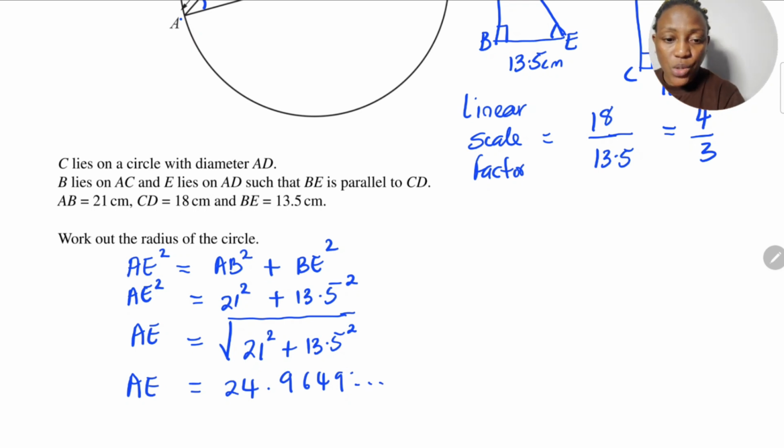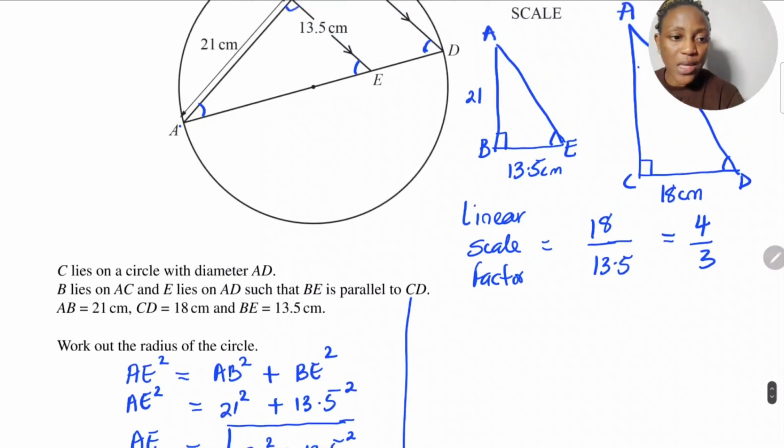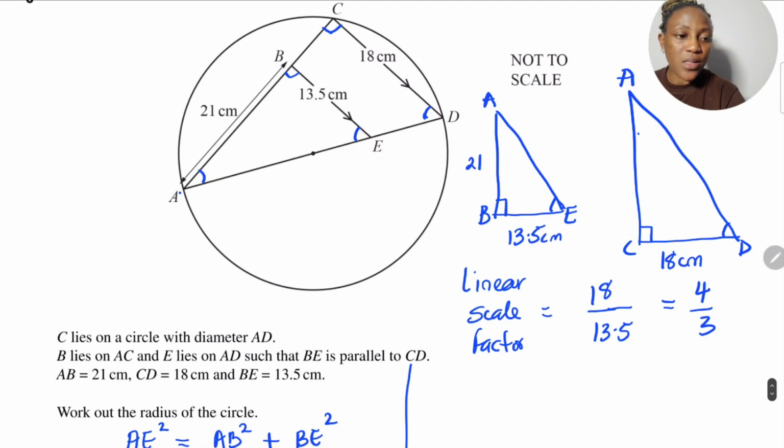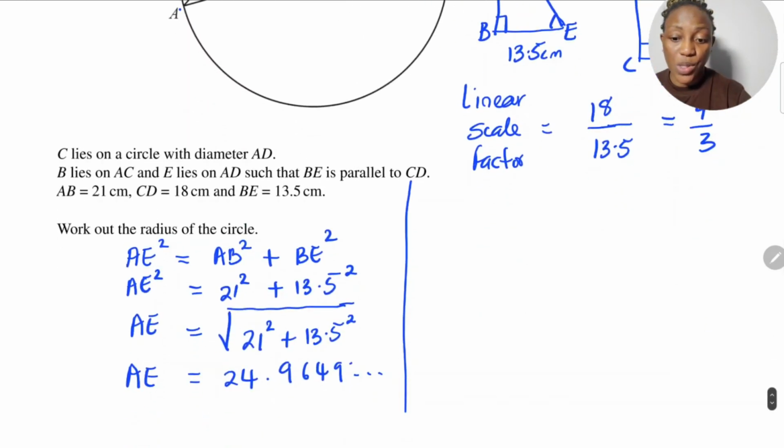All right, so we have found our AE. Our AE is the corresponding side to the AD we're looking for. Remember, we're looking for AD because we need our radius. AD is our diameter. If we find AD, then we just half it to get the radius. So AE is going to help us with that.